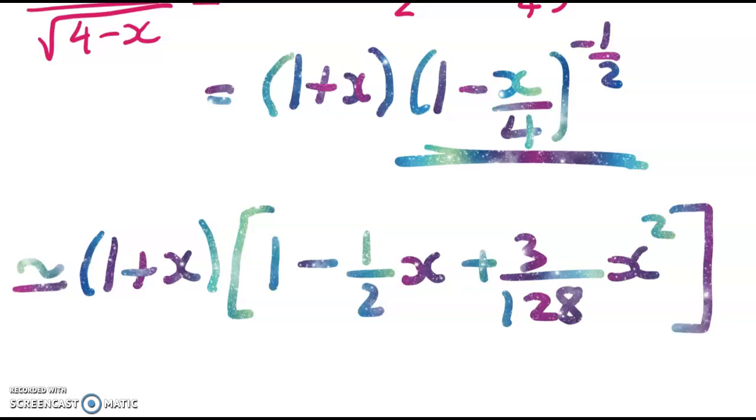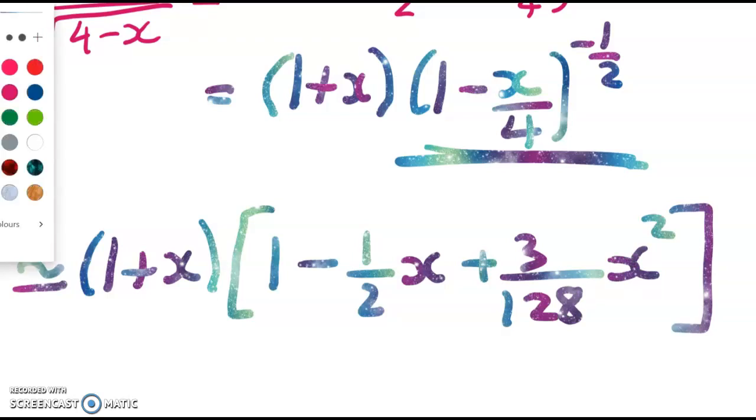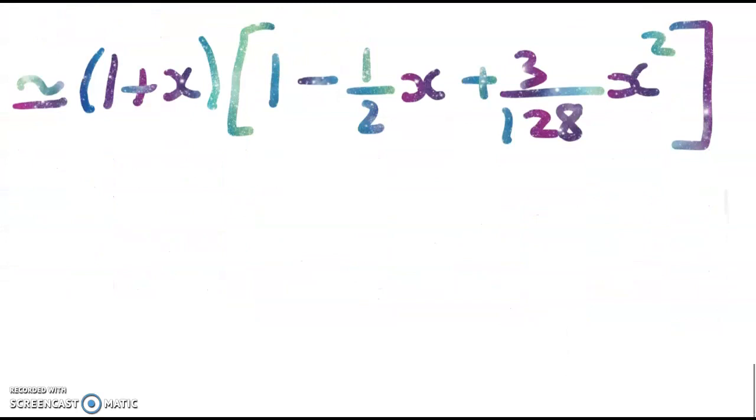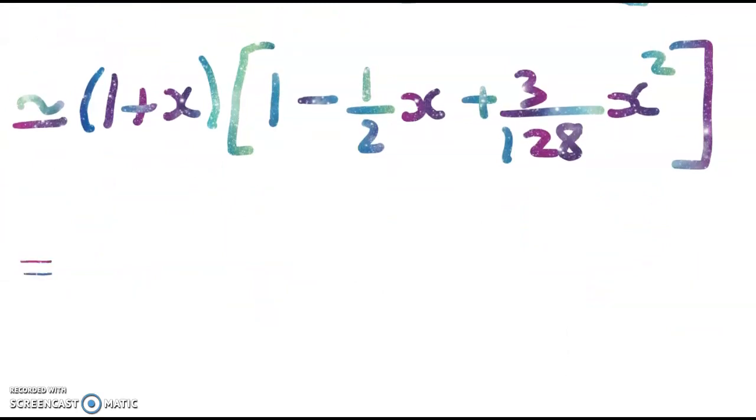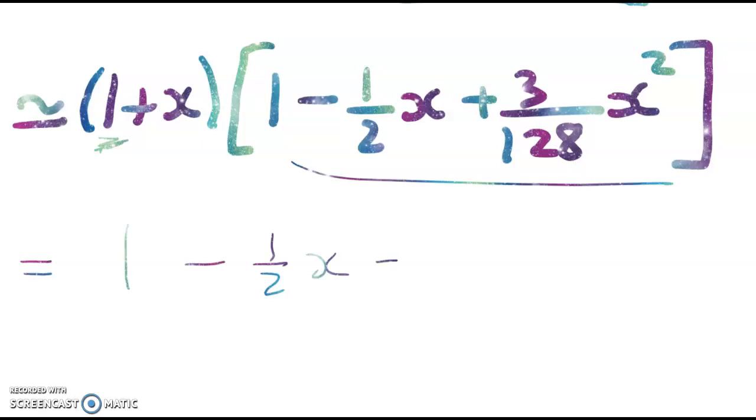Now I want to show you how I set these out because I think it can make it much easier not to muck it up. Right, so first multiplying the 1 through by all of this and putting it in place value, I get 1 minus 1/2 x plus 3 over 128 x squared. And then I'm going to do the same thing here.